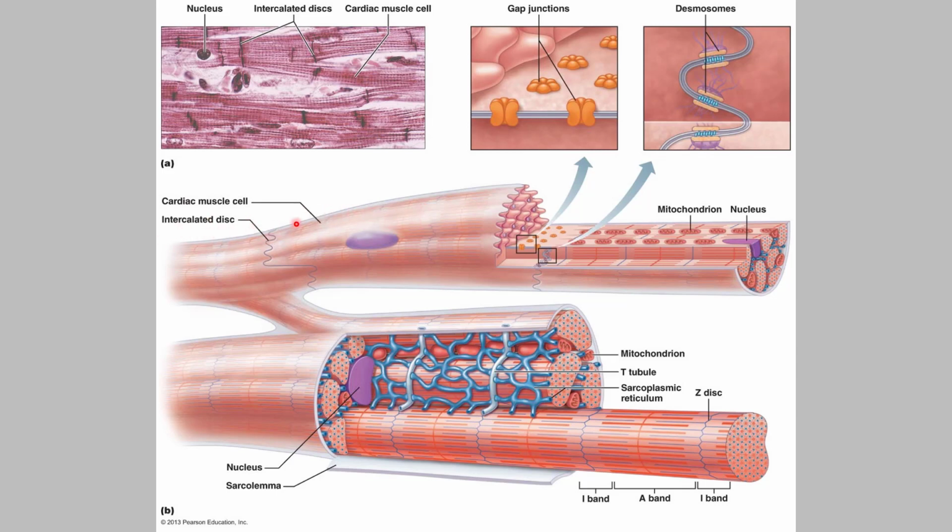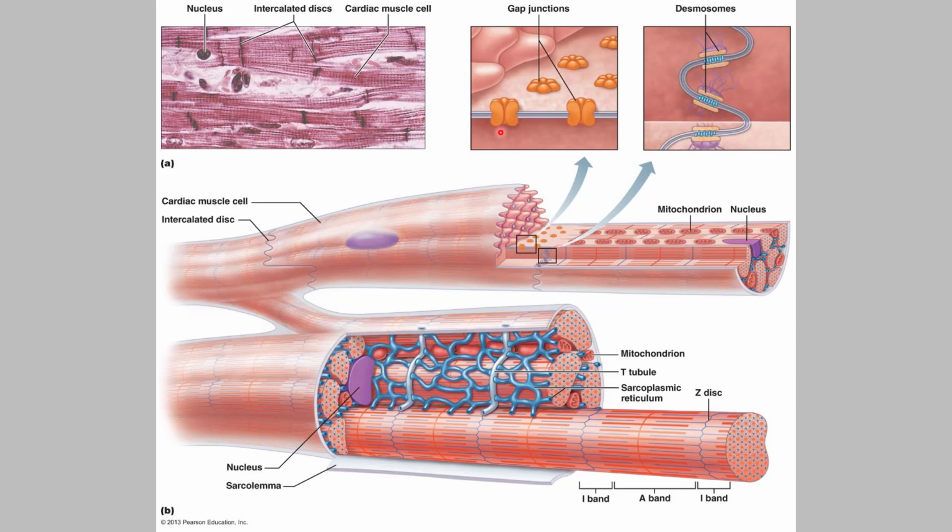But in addition to that action potential traveling along here, we also have ions passing very efficiently, very easily from the cytoplasm of one cardiac muscle cell into the cytoplasm of the adjacent muscle cell, because those ions can pass through these gap junctions.